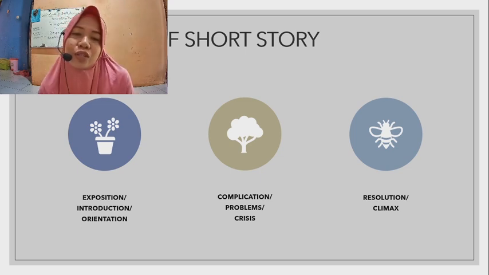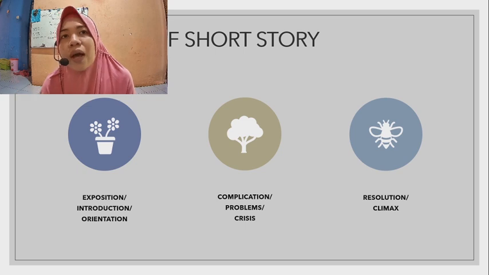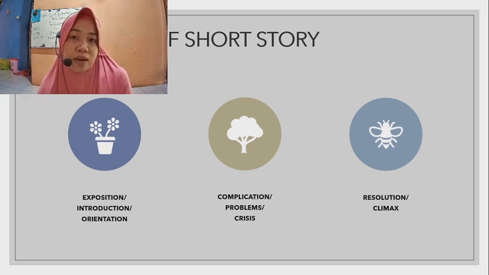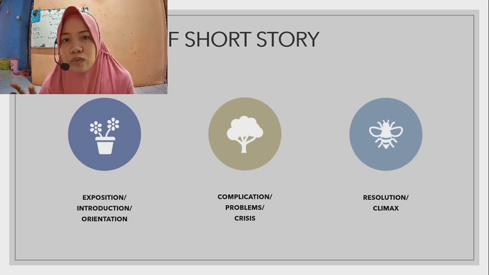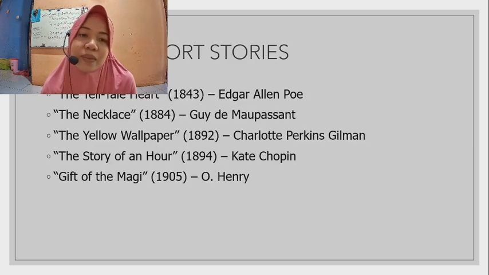Okay, so later, when you want to produce your own, you have to remember the features of the short story. Then it's your choice what kind of writing style you want, whether you are the explaining one, or the describing one, or whether you want to develop your crisis and focus on the crisis itself, something like that.